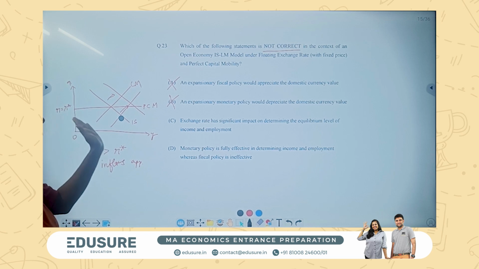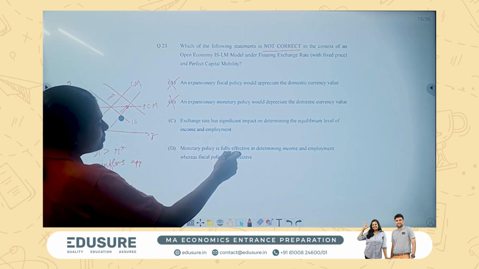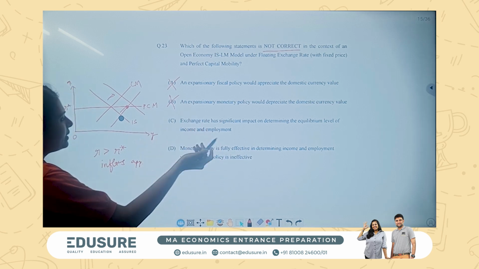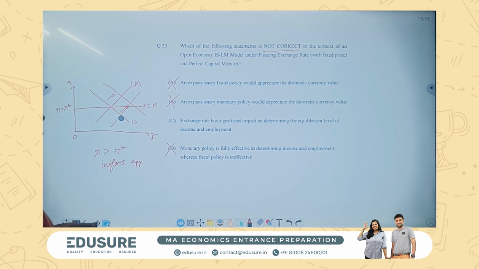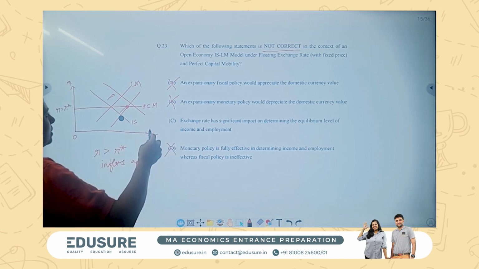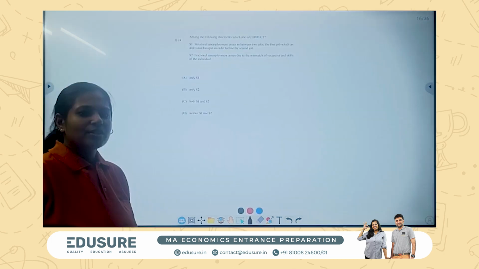If exchange rate depreciates, the IS shifts out and it comes back to the original equilibrium. So it is also correct that monetary policy is fully effective, whereas fiscal policy is ineffective. So the entire line is correct, and then this cannot be the right answer. So exchange rate has significant impact on determining equilibrium level of income and employment. We will have to mark this as the only option which is incorrect. So if this is incorrect, then C becomes the right answer.